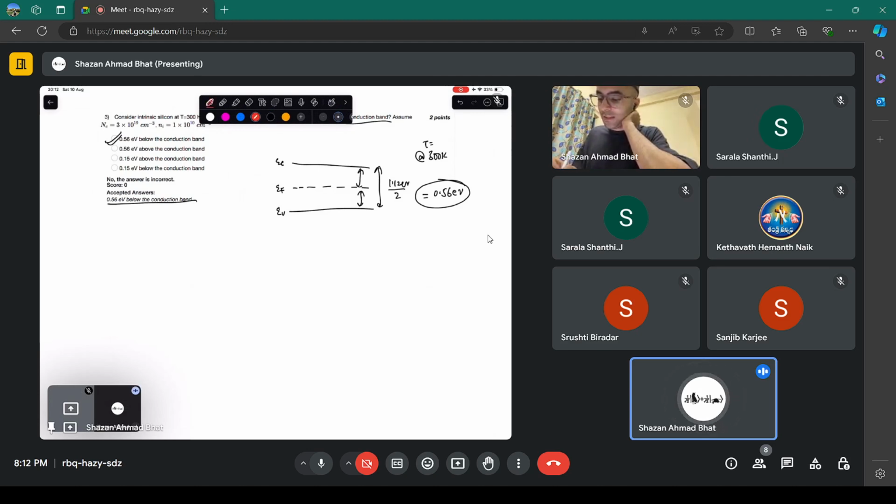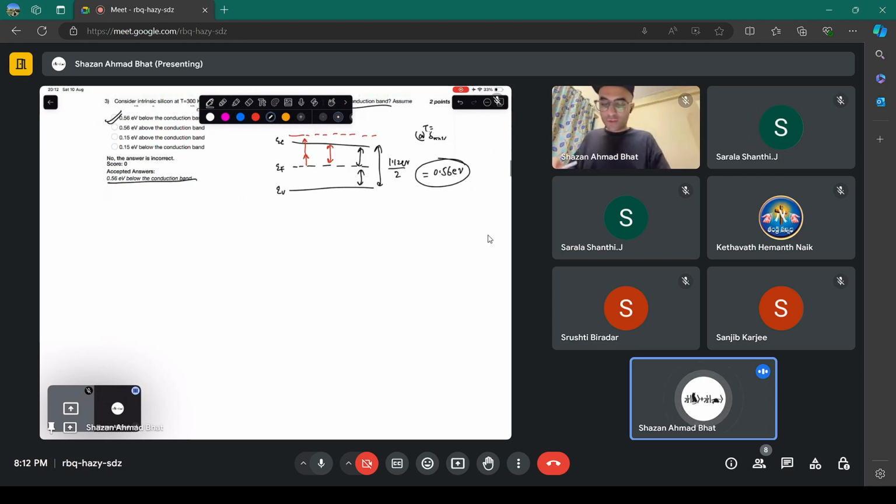But here, there is a gap between the conduction band and the Fermi level, and the more the Fermi level goes towards the conduction band, the more n-type it becomes, and more electrons are easily accessible for conduction. And if the Fermi level just crosses it and comes here, it is as if it is a metal, because now the Fermi level is in the conduction band. There are so many electrons accessible that they will be able to play a part in conduction easily, and it behaves as if it's a metal. And that is the story.